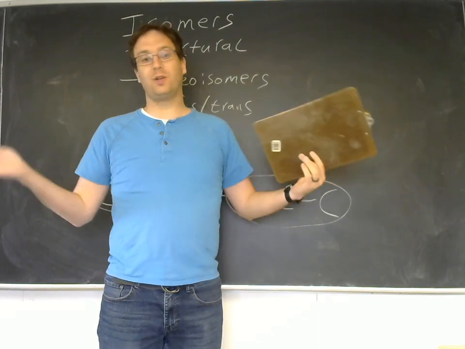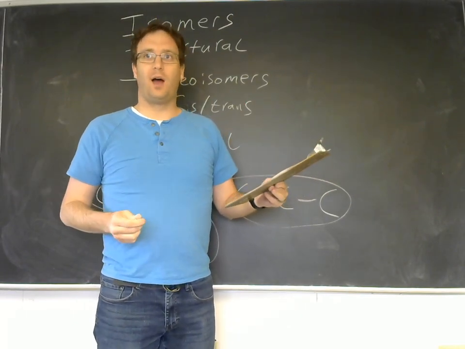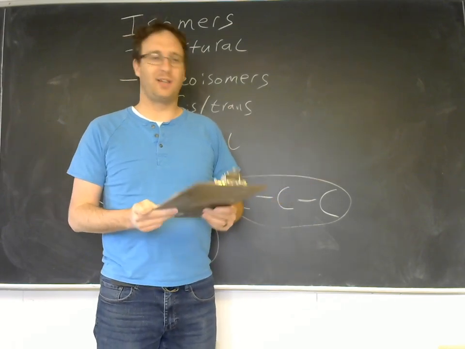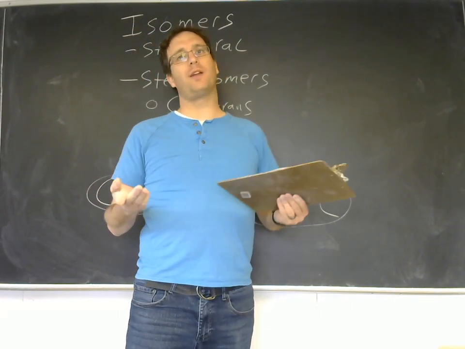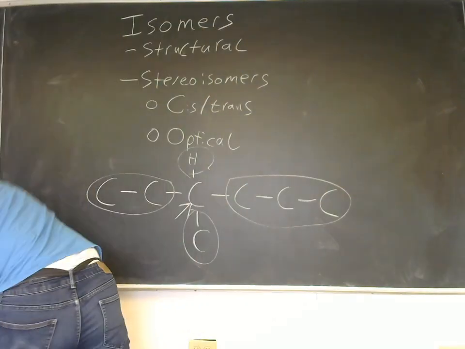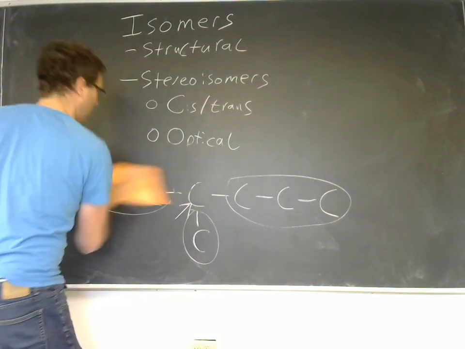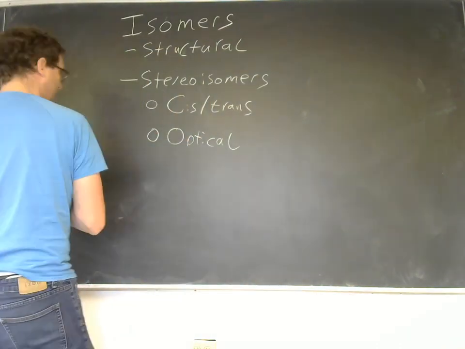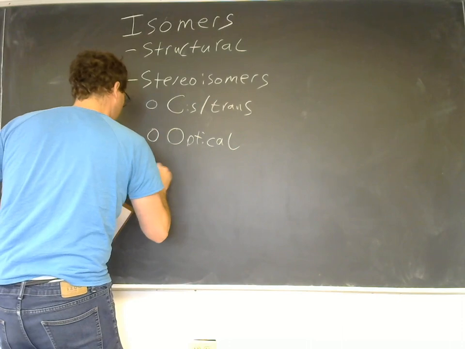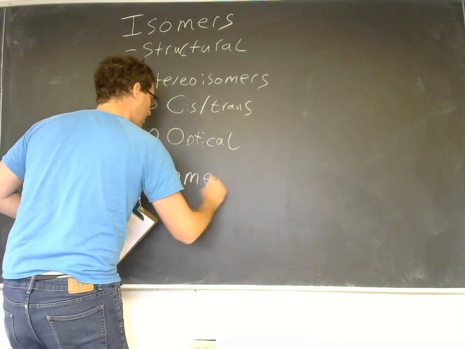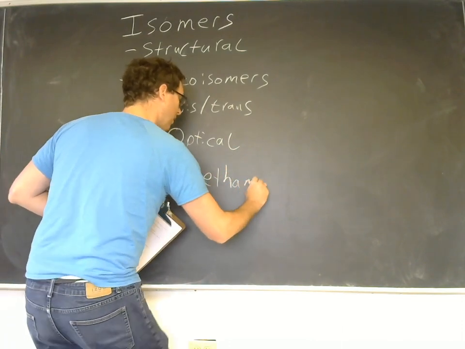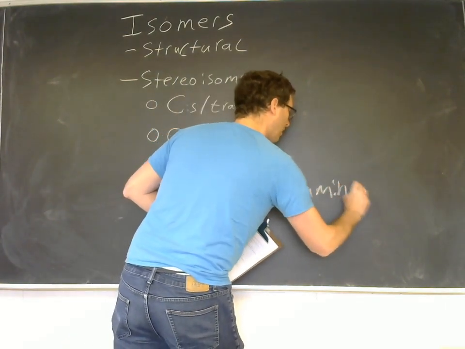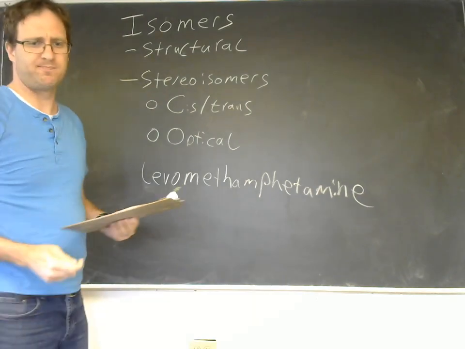And just really quickly, I want to give you an example of optical isomerism that I find terribly fascinating. There is a product out there called, and I'll write it down so you can Google it, levomethamphetamine.